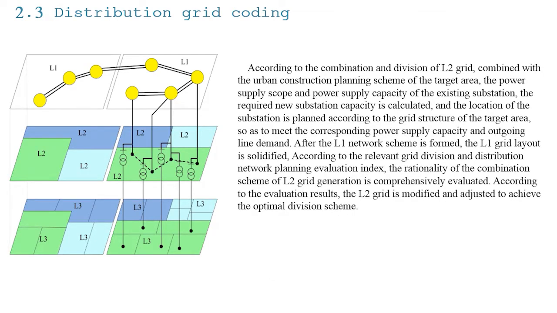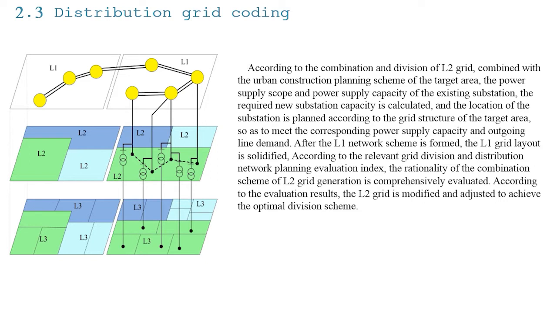According to the combination and division of L2 grade, the required new substation capacity is calculated, and the location of the substation is planned according to the grade structure of the target area.